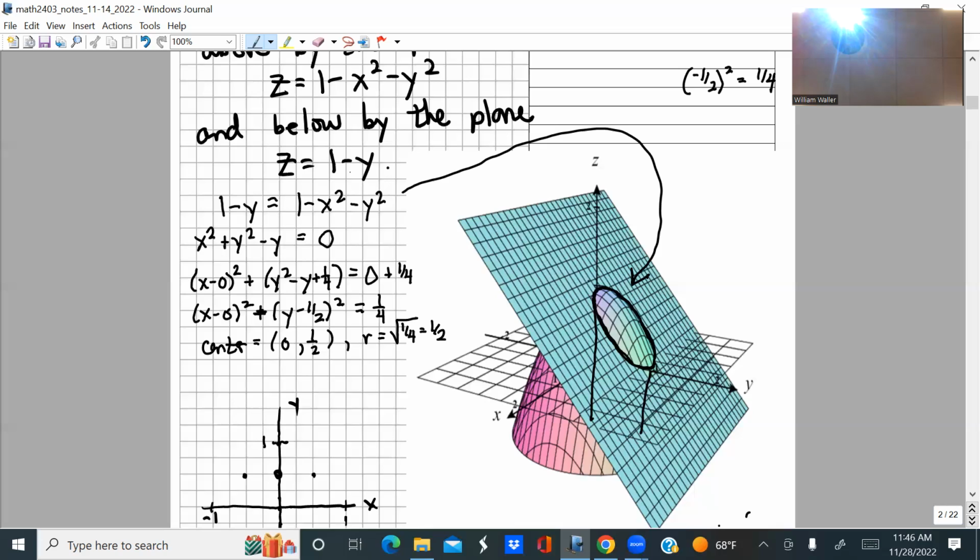So these points that I'm coloring in are going to be on that circle. That is going to be your region of integration in the XY plane. If you project that intersection curve down onto the XY plane, you're going to get this circle. So that's the proper region of integration. Let me draw my circle.